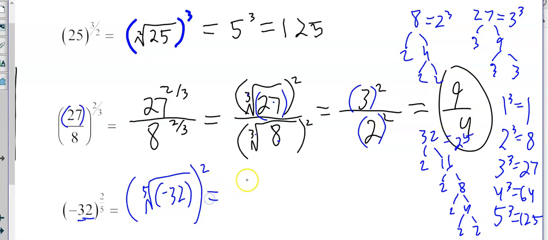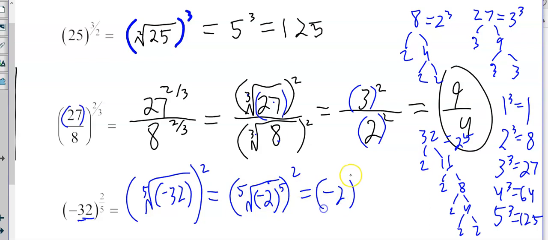So if I rewrite this, this would be the fifth root of negative 2 to the fifth power, which is negative 2, and negative 2 squared is 4. So we have an answer of 4 there.